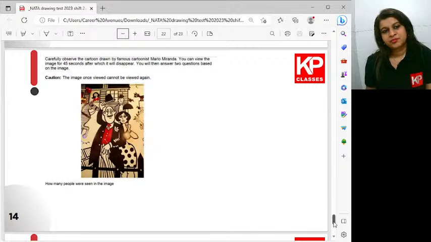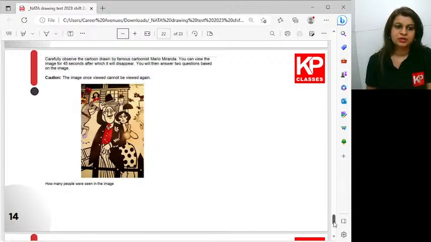Another type of question that I have come across in NATA paper one, shift one and shift two, is that they show certain images on the screen, maybe for 30 or 45 seconds, and there are questions based on those images or scenes. So here it is.